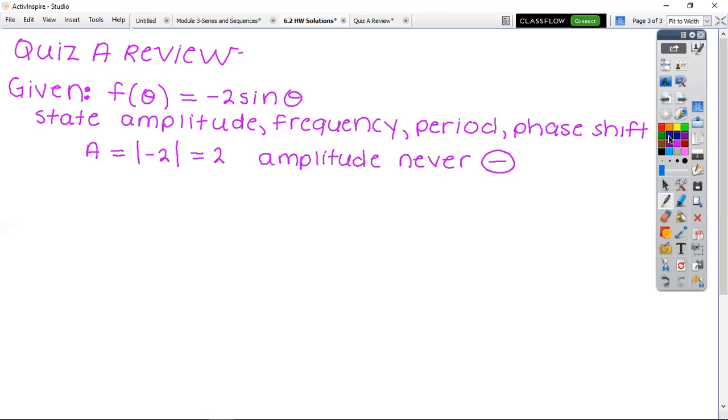Next, I want to look for the frequency. Your frequency is always going to be the coefficient in front of either theta or x. So what's the frequency this time? Just 1. Yep. Again, it would be right in front of this theta, so there's like a 1 right there. Next thing that you needed to find is your period. So there's a formula. Anyone remember?